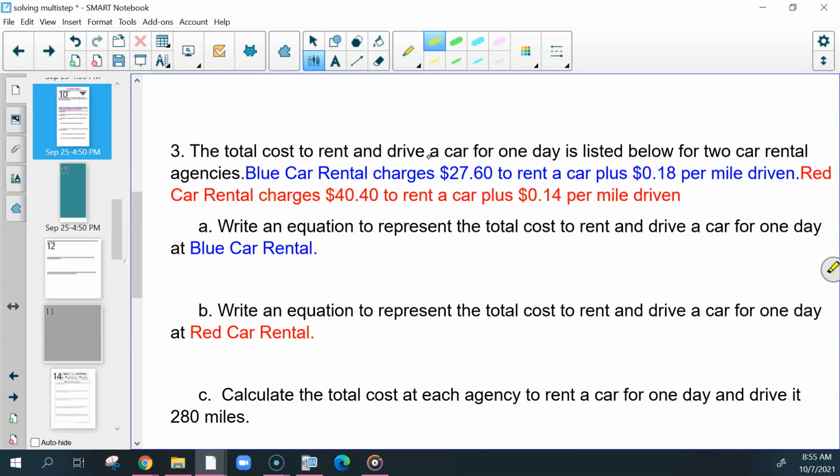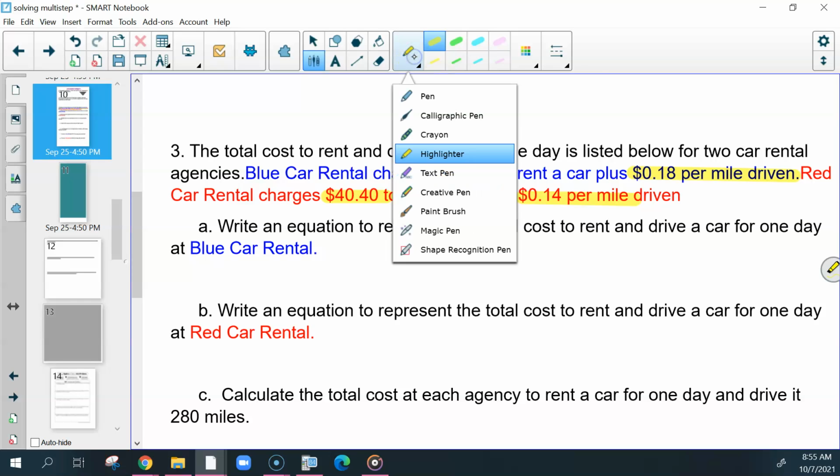Charges 27. Okay. And it says 0.18 per mile. That's important. And 40.40, and 0.14 per mile.